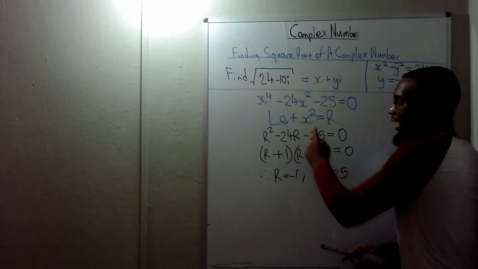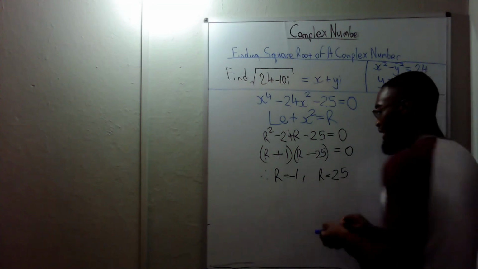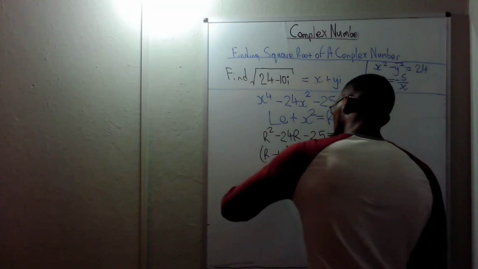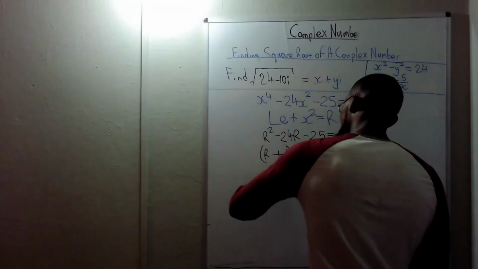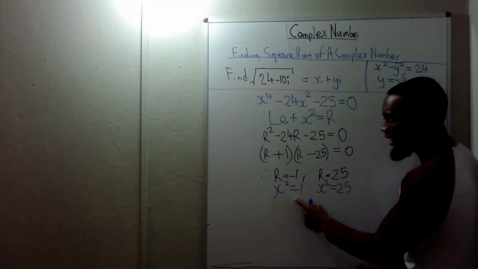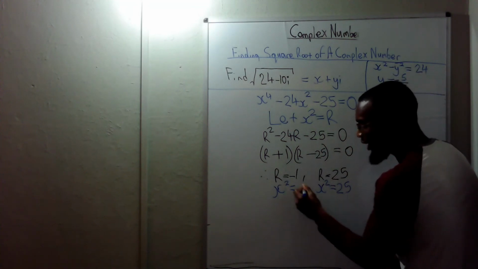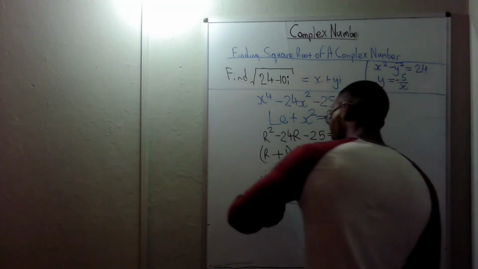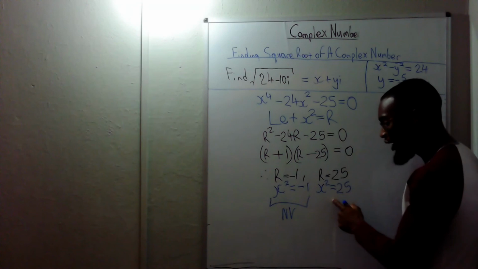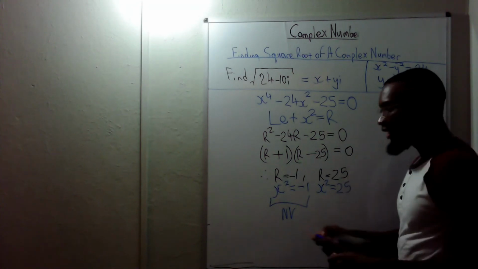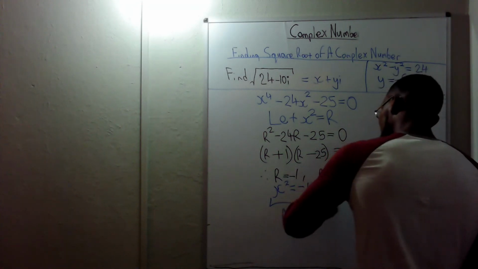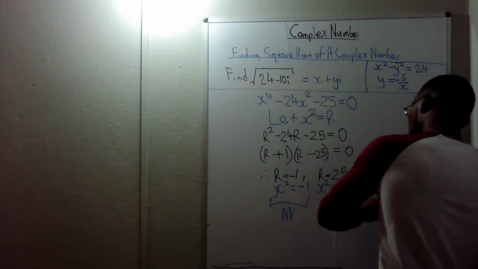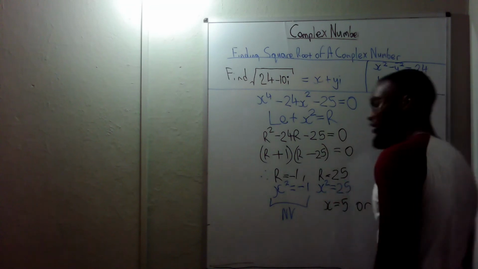But r is x squared, so x squared is 25 or x squared is negative 1. But x squared cannot be negative 1, since x is a real number. So this part is not valid. Over here, we get two values for x: x is equal to the square root of 25, which is 5 or negative 5.